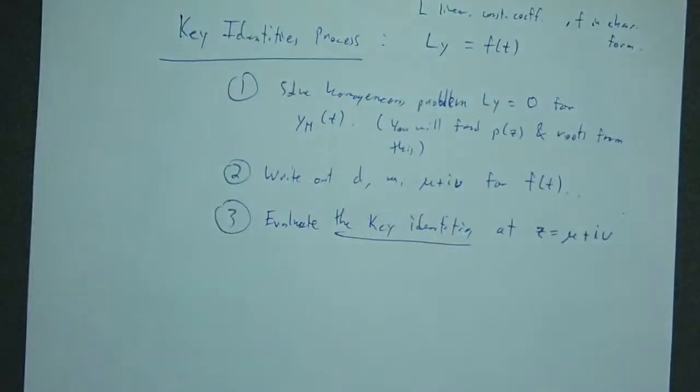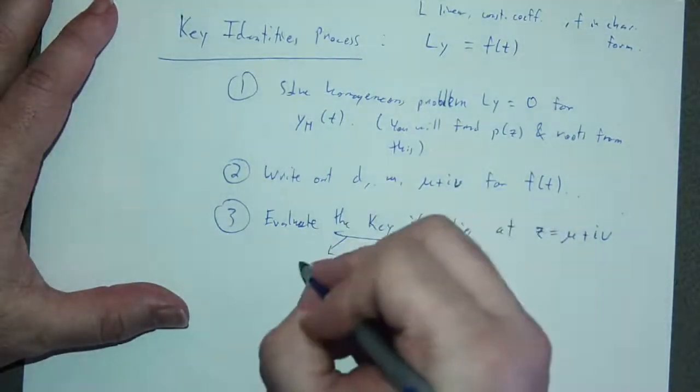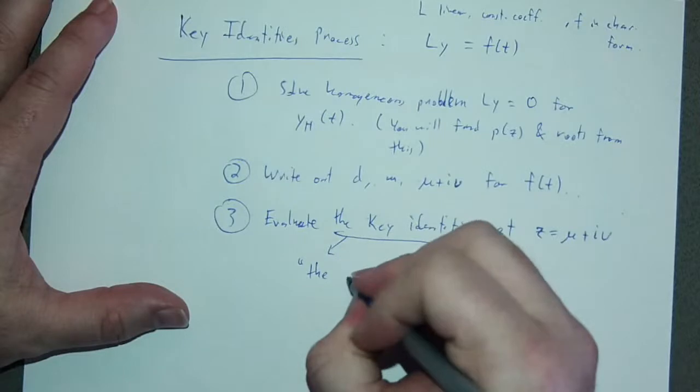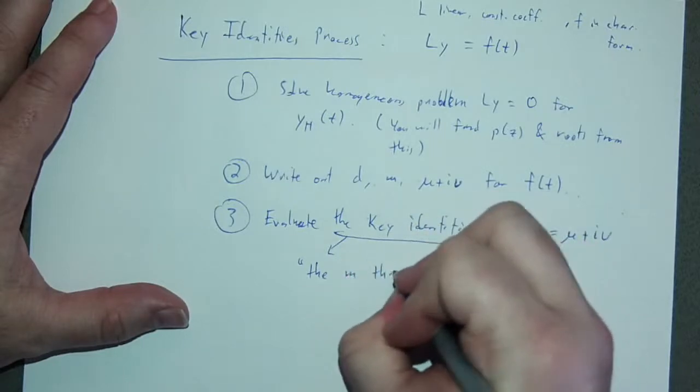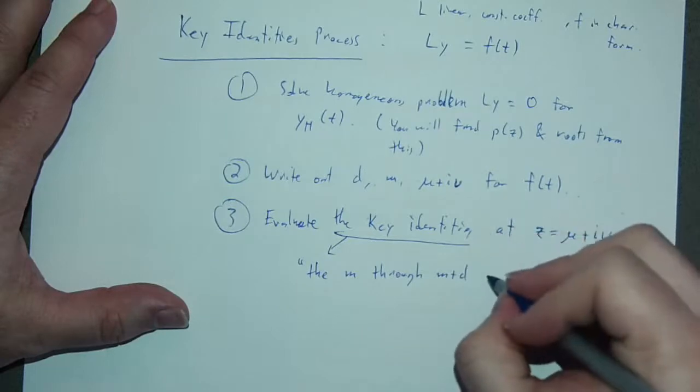So clearly I don't want you to be evaluating infinitely many of these key identities at this characteristic. So which ones? The m through m plus d key identities.